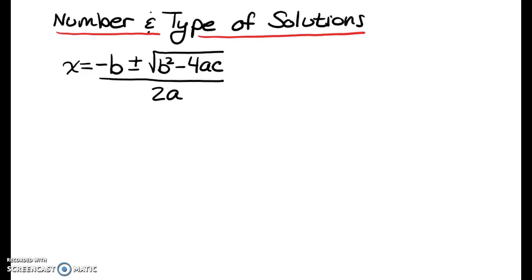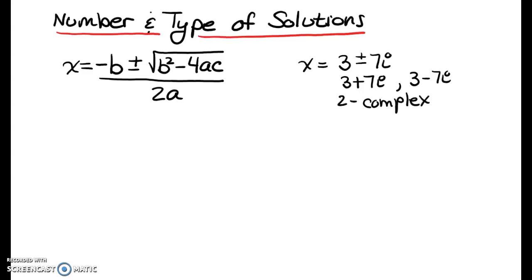So up to this point, when we've been solving our equations, we've had answers that have looked like this. I know that if I have a plus and a minus, what that really means is I have two solutions, 3 plus 7i and 3 minus 7i. I know these solutions are complex.